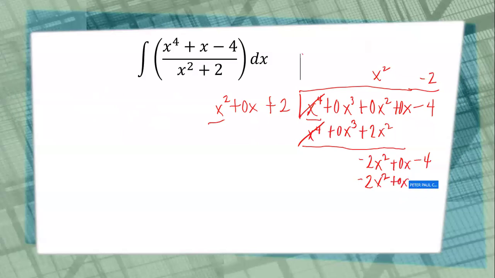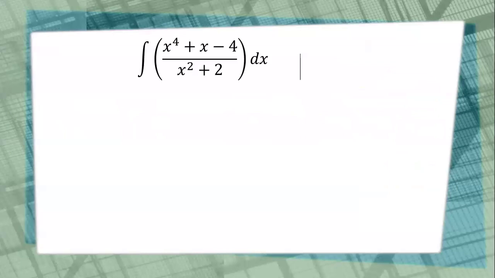Negative 2 times 2 is negative 4, and the entire will be cancelled. And so the entire fraction will be the integral of x squared minus 2 plus x over x squared plus 2 dx.